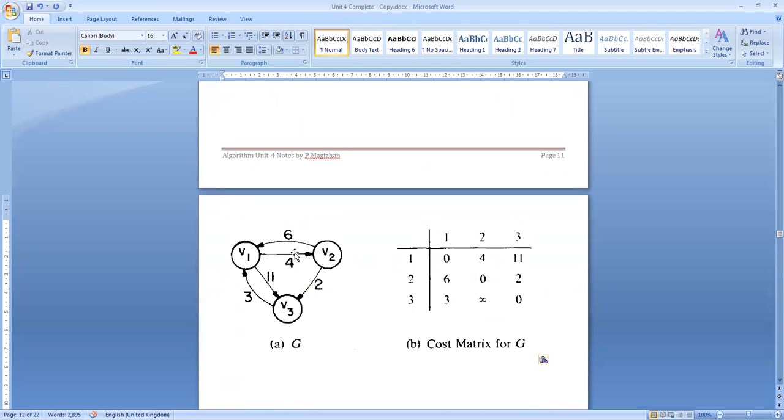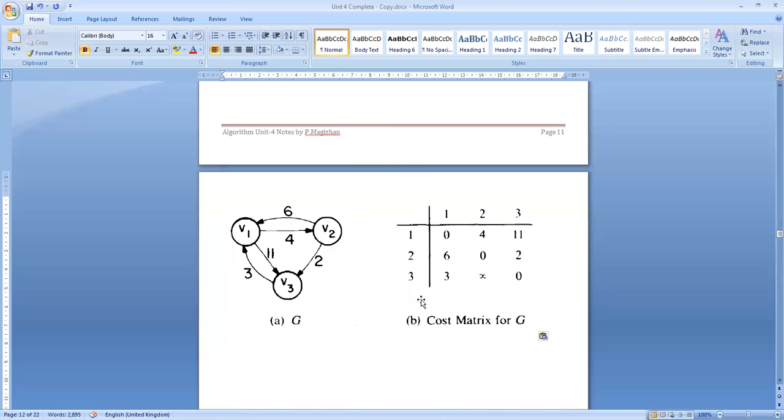What are they? Vertex 1, vertex 2, vertex 3. There are some edges going directly from one vertex to another, and there are some sequences of edges connecting two vertices. Given such a graph, first of all you should write the cost matrix of the given graph. How many vertices are here? 1, 2, 3, and similarly row-wise 1, 2, 3.